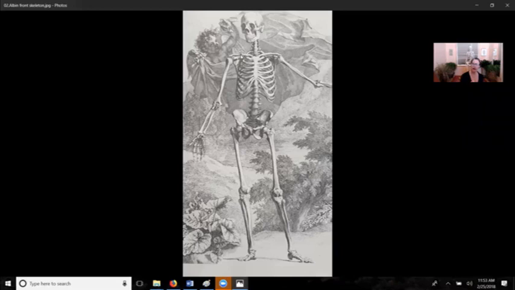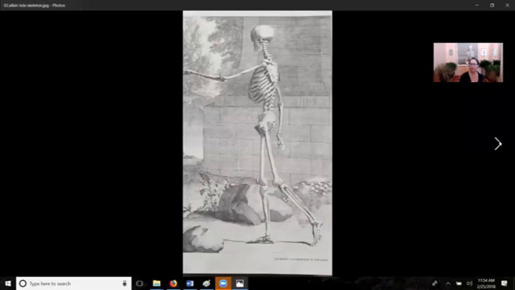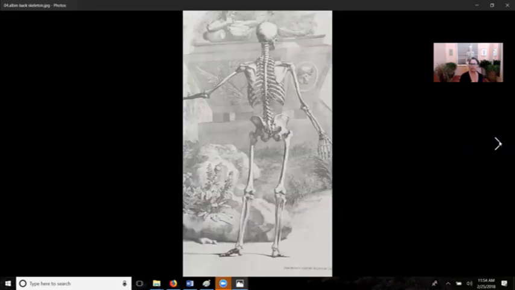So the collarbone acts like a spreader, and it creates a support so you can use your hands. Not that many animals have collarbones. Dogs and cats don't, but raccoons do, for example. And here's the same. You just look at this whole beautiful drawing from the side and from the back.